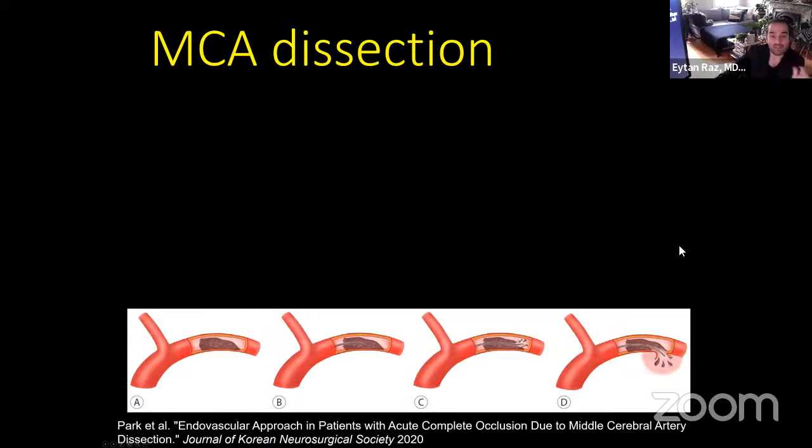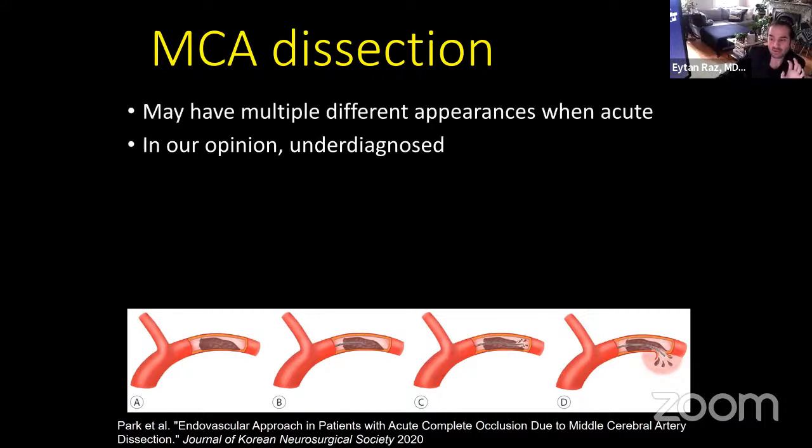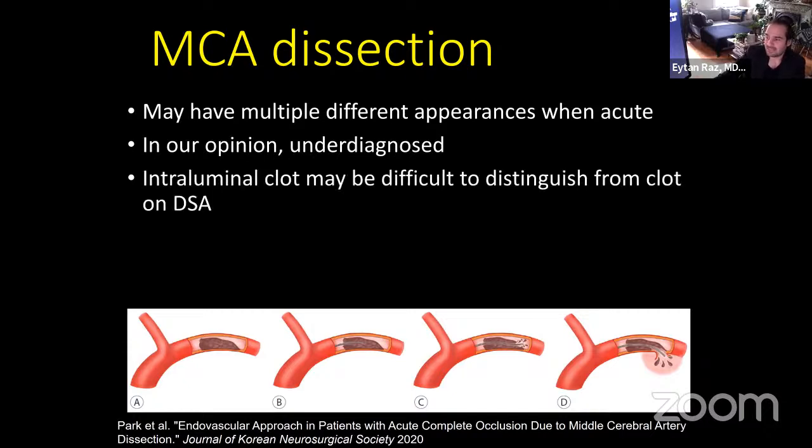Dissection is a relatively rare condition, but we believe it's more common than what is thought. The problem is that it's hard to diagnose. Sometimes, why? Because the intraluminal clot is indistinguishable from a dissection.